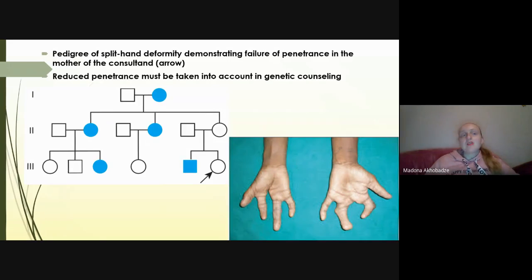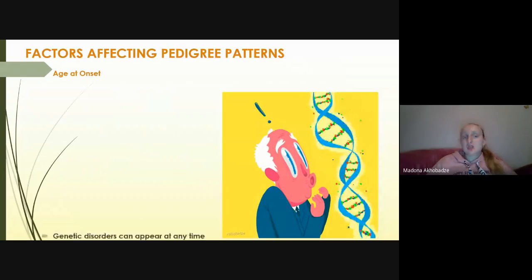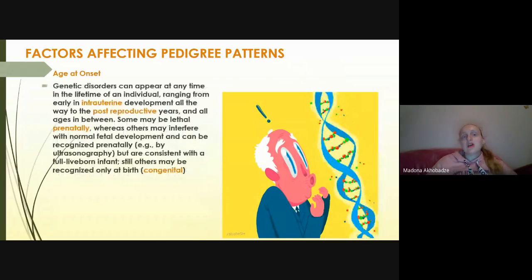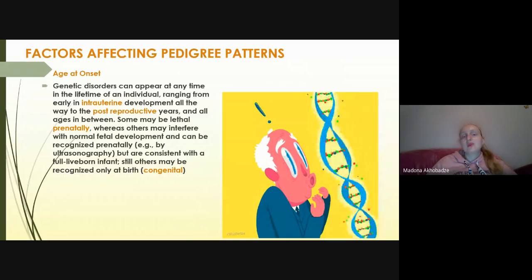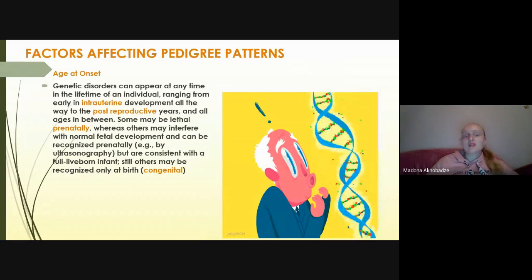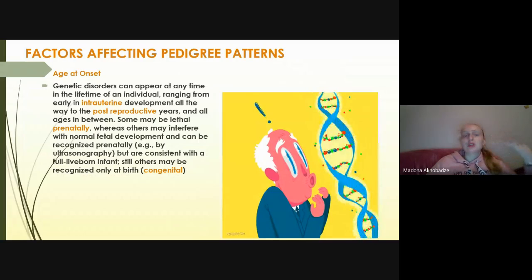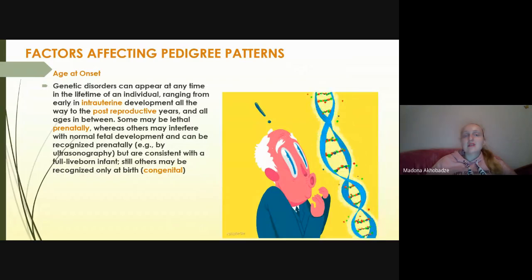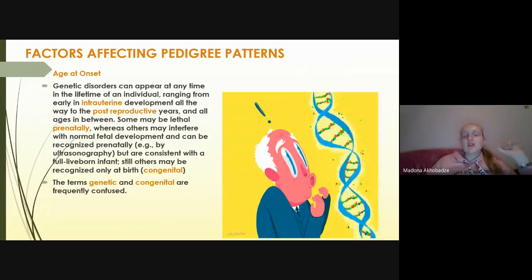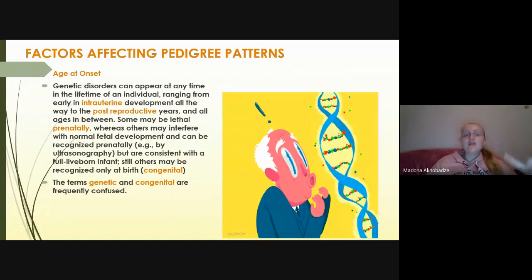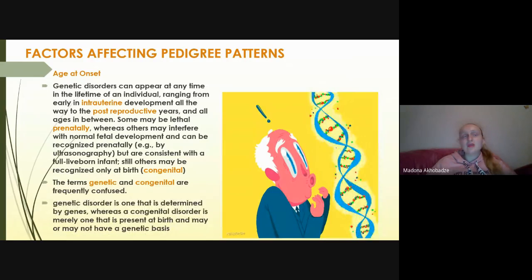Okay. So another factor that affects the pedigree is the age of onset of the disease. It starts prenatally, intrauterine inside the uterus, or in post-reproductive years. So we should differentiate two terms, congenital disease and genetic disease. Congenital diseases are not always genetic, and genetic diseases are not always congenital.